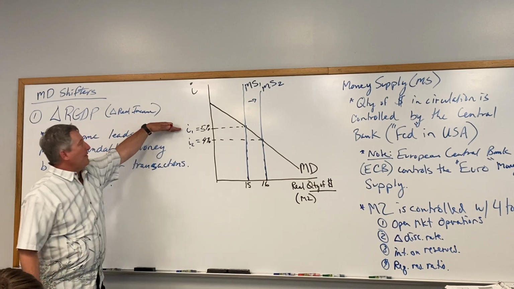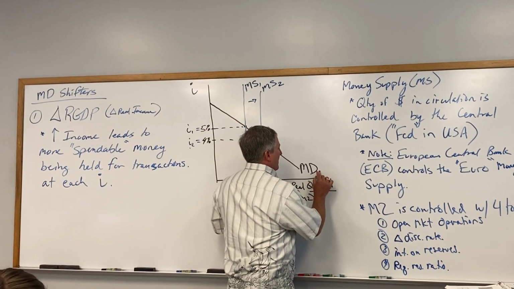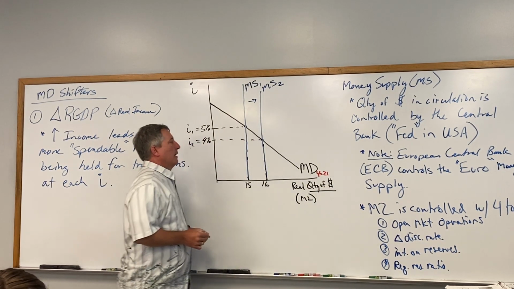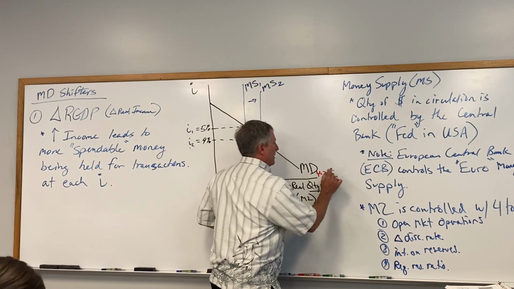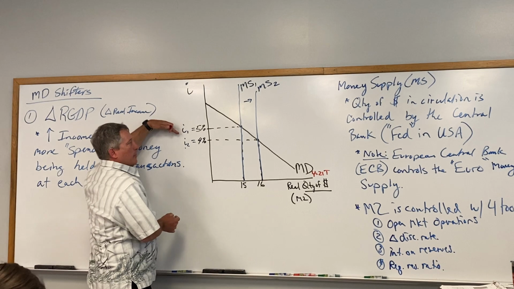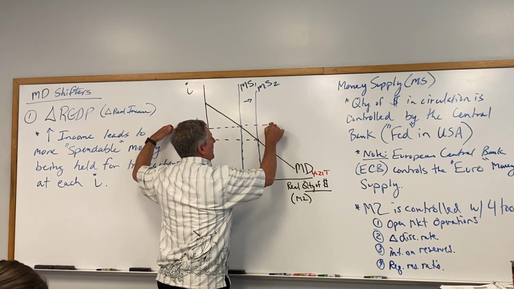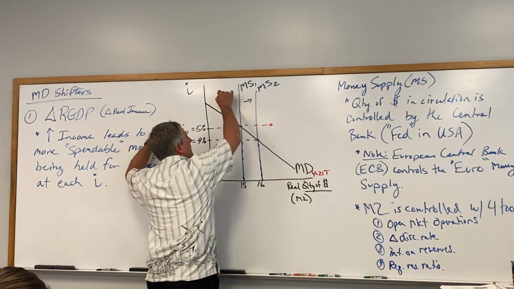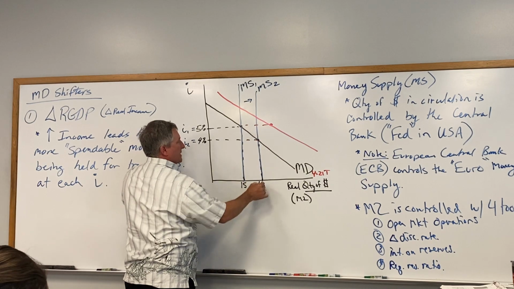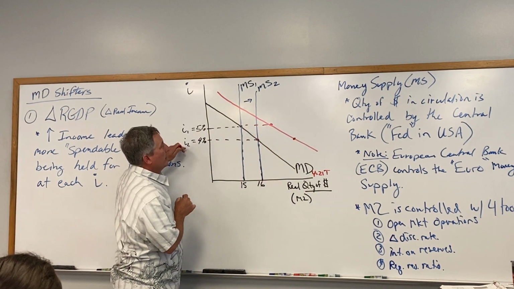So at 5% and real GDP of 21 trillion, that's what the nation's money demand was, 15 trillion. But at 23 trillion, at 5%, I want to hold this much. At 4%, I used to want to hold 16 trillion, but now I want to hold more money.